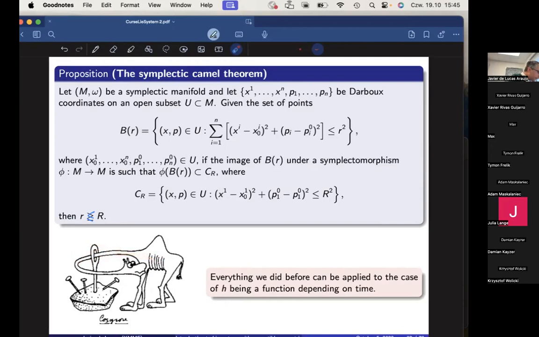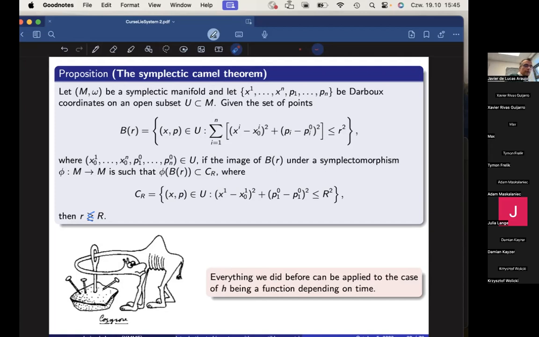If you can deform symplectically a camel with radius r and put it inside a certain cylinder, the radius of the cylinder must be bigger than the initial radius of the ball. So you cannot put the camel inside a cylinder as small as you want.